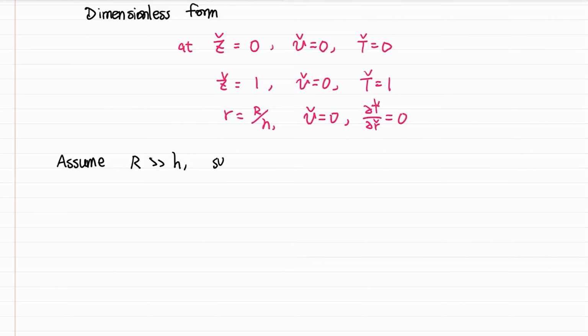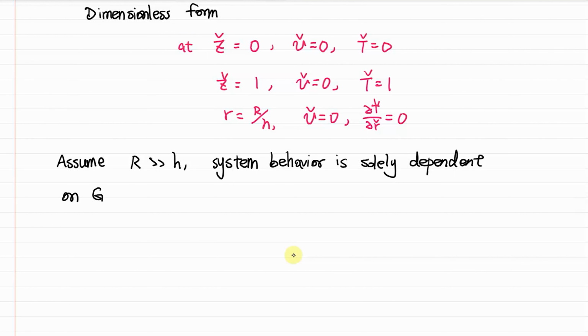Then the system behavior is now solely dependent on the Grashof number and the Prandtl number.